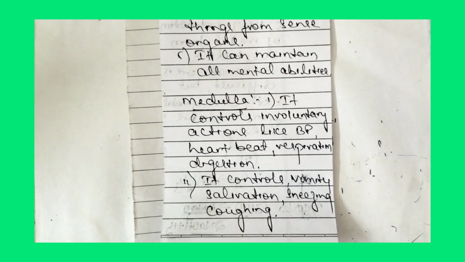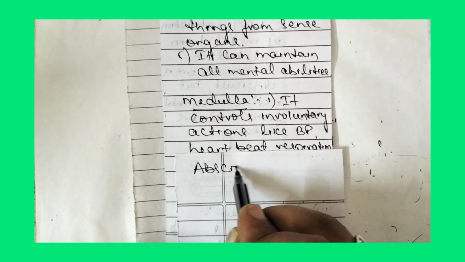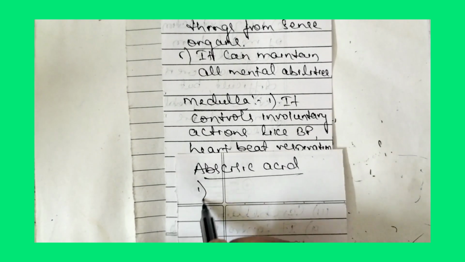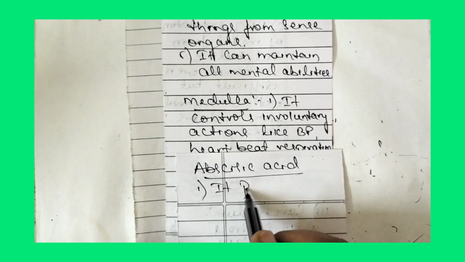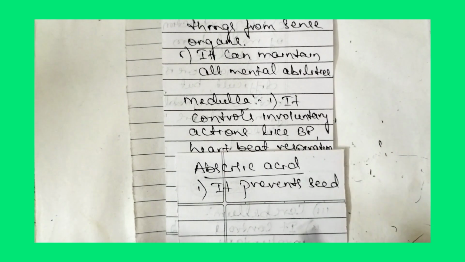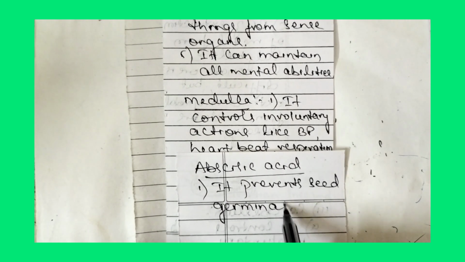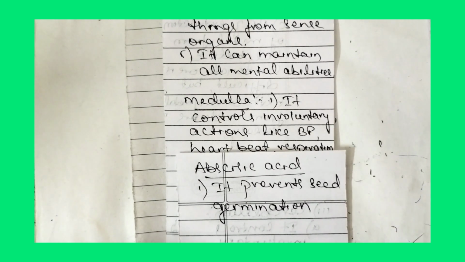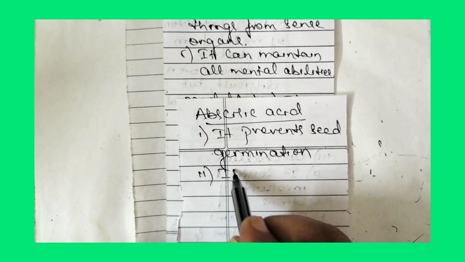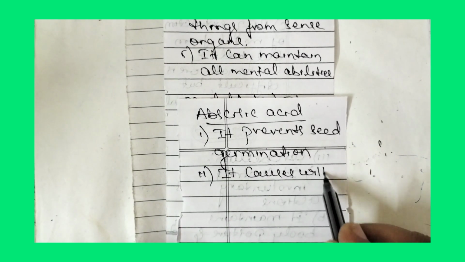Now let us move to the function of abscisic acid. The first function is it prevents seed germination. Then the second one is it causes wilting of leaves.